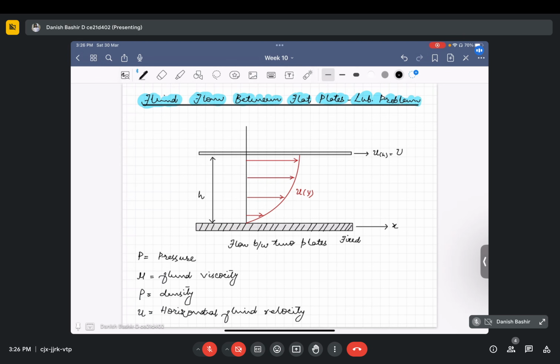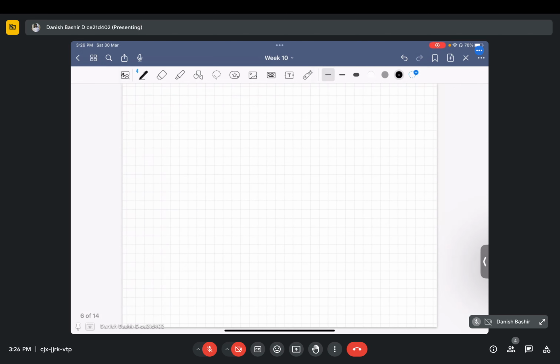One more thing we are considering here is that it's a laminar flow and the pressure gradient is constant, that is dp by dx is constant, and no variation in y and z direction. It's a Newtonian fluid. The assumptions that we are making: first, it's a laminar flow.